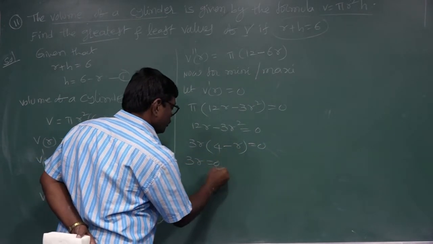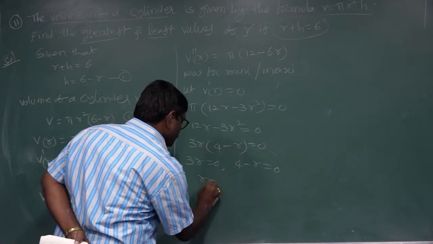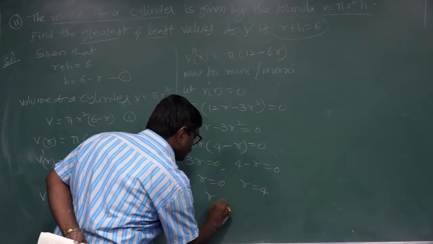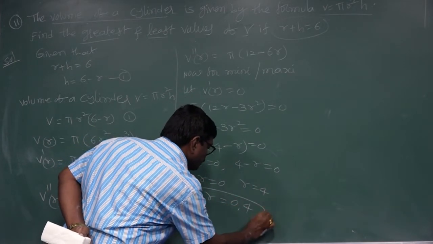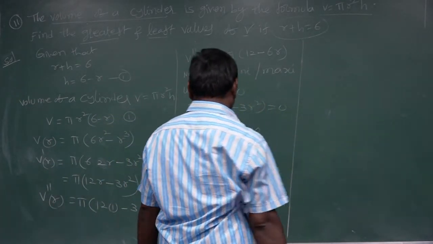So 3r equal to 0 or 4 minus r equal to 0, which gives r equal to 0, r equal to 4.